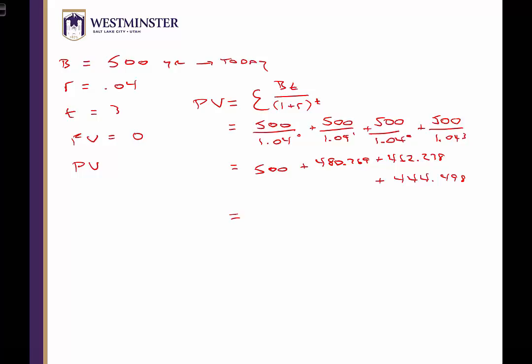Well, this is going to then equal $1,887.54. This construction, where we're using the present value equation with the summation sign, present value equals the summation of beta t divided by 1 plus r to the t, is really the same construction we used a moment ago, where it was present value is equal to beta t divided by 1 plus r to the t.